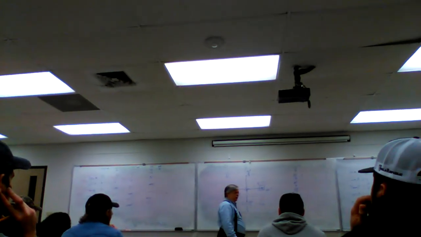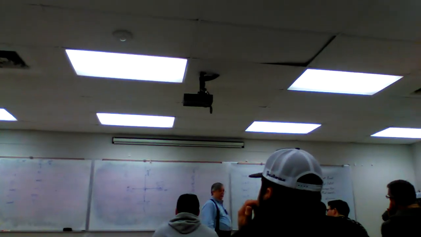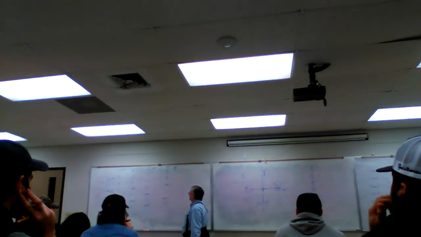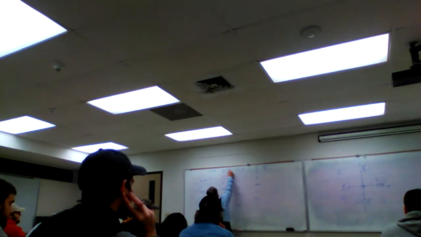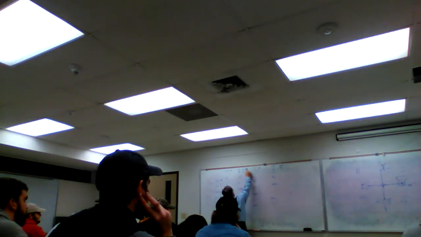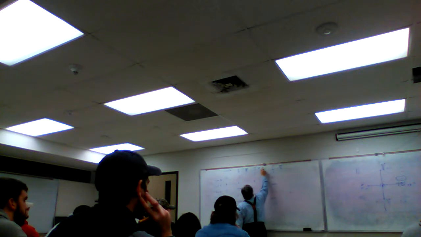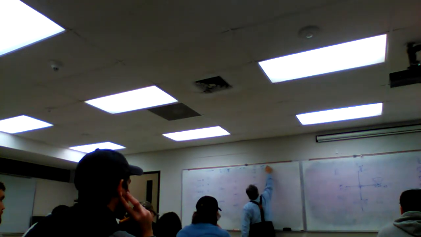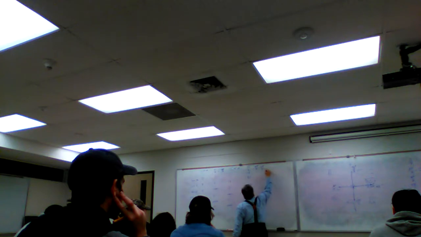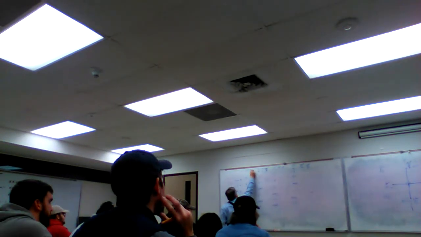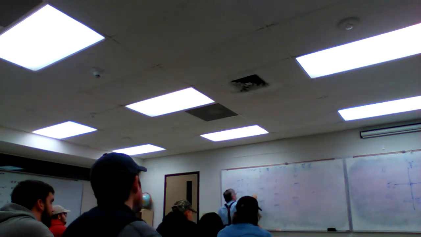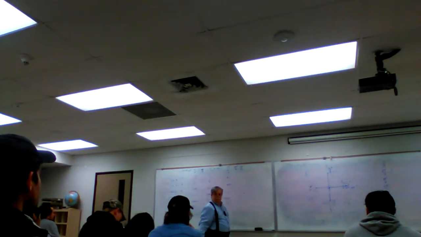Anyone want to hazard a quick guess as to where 9 pi over 2 is going to be? 10 pi over 2 would be 5 pi. 11 pi over 2. 12 pi over 2 would be 12 divided by 2, 6 pi. Anybody noticing a pattern yet?